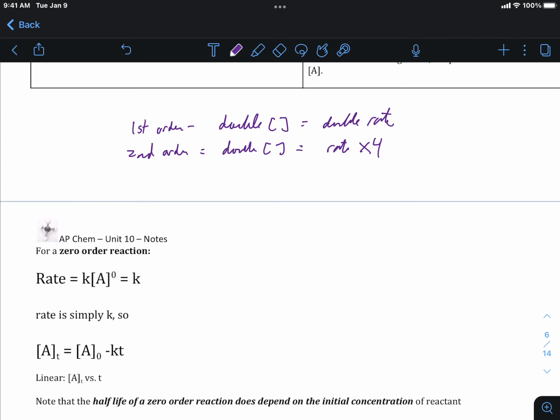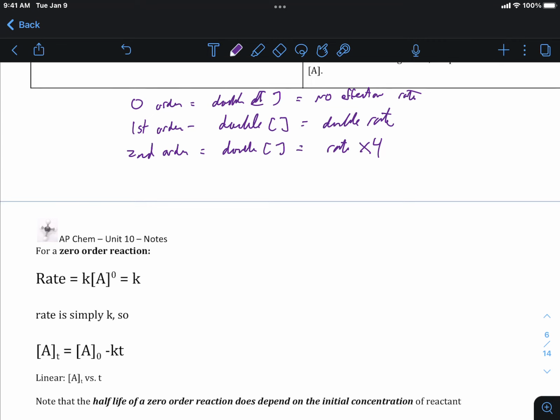So zero order reaction means if you double the concentration, no effect on rate. Zero order reactions are not affected by what the concentration is.